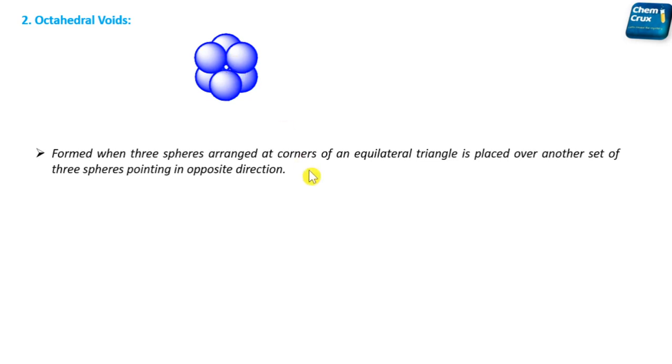Now if we view it from front, we can see 3 spheres that are pointing inwards. So while we will be adding another 3 spheres from the top, they must point outwards in the opposite direction, right? So the void that is being formed is actually the octahedral void.